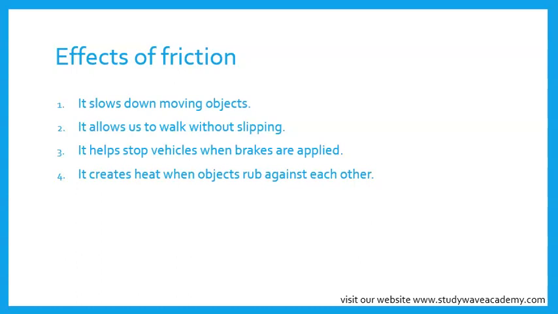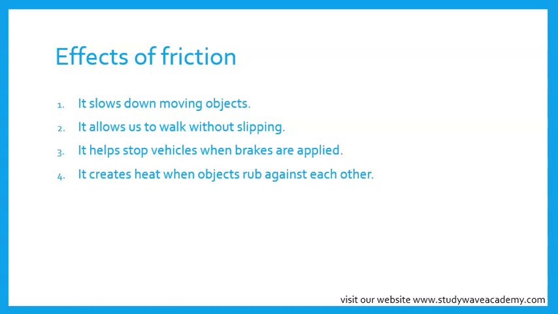It creates heat when objects rub against each other. When objects rub against each other due to friction, they can create heat. This is why your hands get warm when you rub them together. When you rub your hands together, they get warm, right?